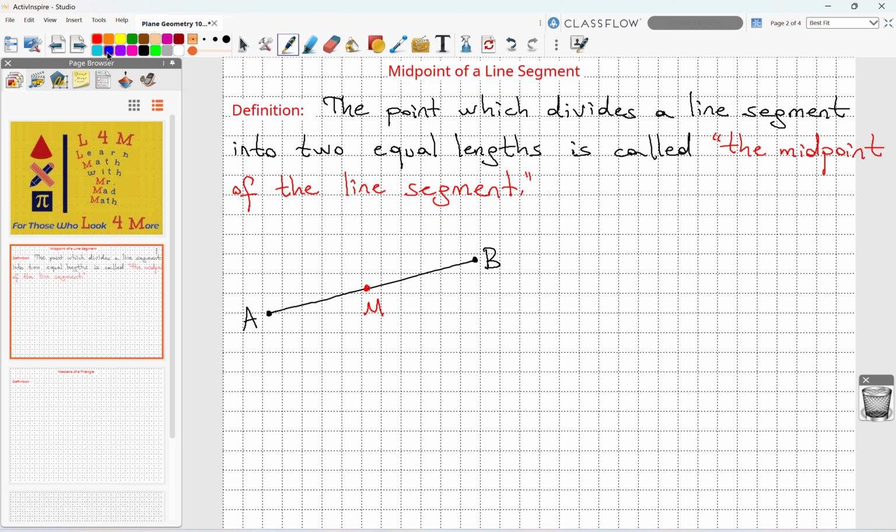So what we will say is if the length of AM is equal to the length of MB, then M is the midpoint of the line segment AB. Okay, that's all.